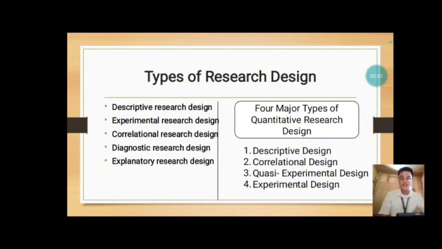Number three, correlational research design. Correlational research design is a non-experimental research design technique that helps researchers establish a relationship between two closely connected variables. This type of research requires two different groups. There is no assumption while evaluating a relationship between two different variables, and statistical analysis techniques calculate the relationship between them.